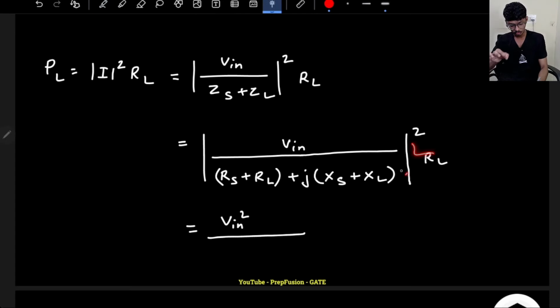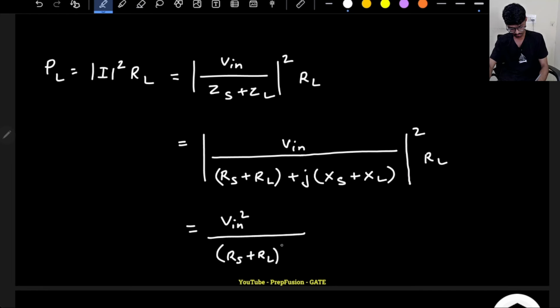If I square that, automatically the under root sign will go away, so this will be Rs plus RL whole square plus Xs plus Xl whole square, into RL is of course there.